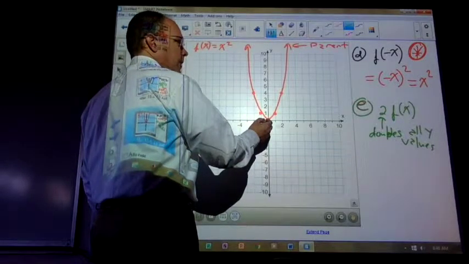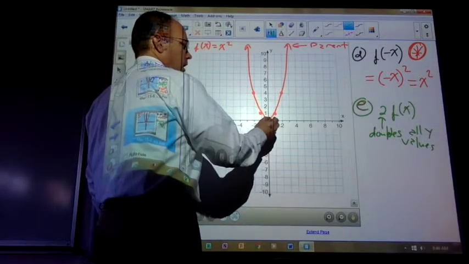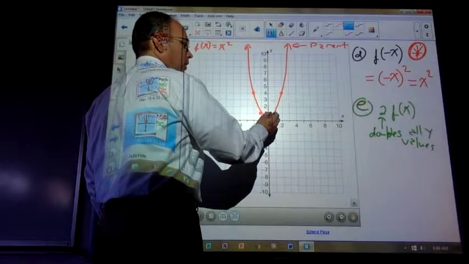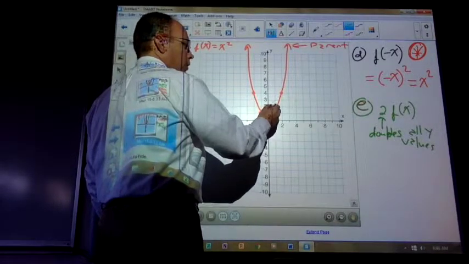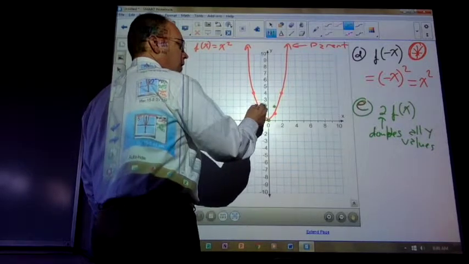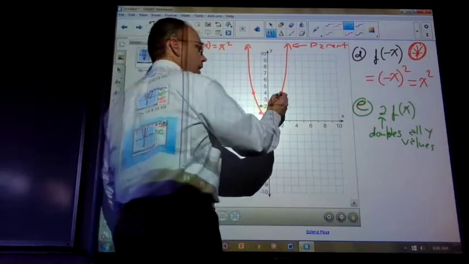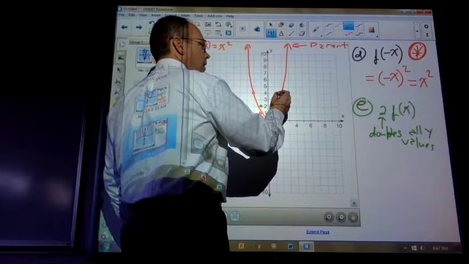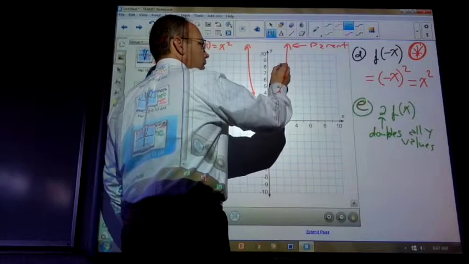I have 0, 0. What's my y value doubled? 0, 0. If I go here, 1, 1, my y value doubled makes it 1, 2. Negative 1, 1, my y value doubled is here. 2, 4, my y value doubled is 2, 8.